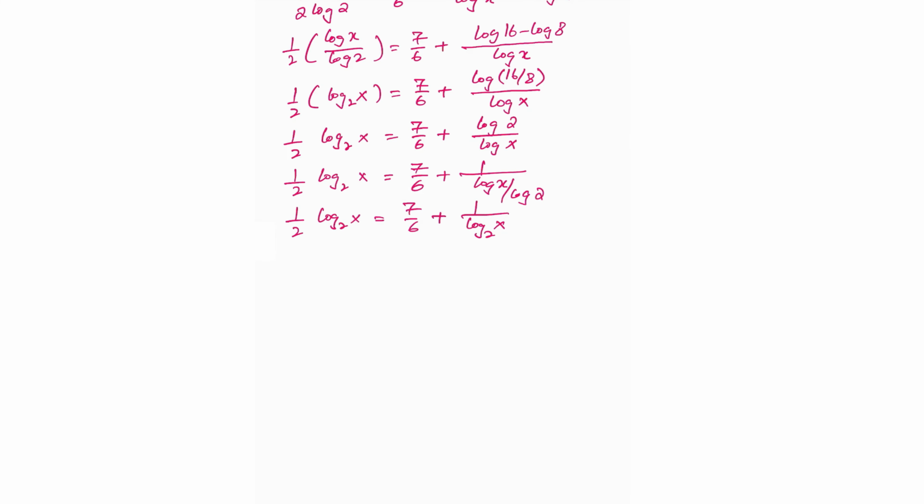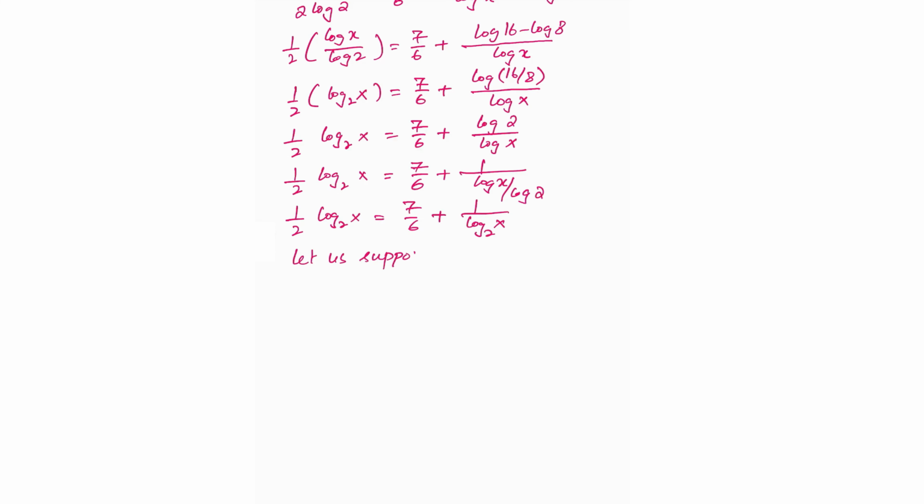Let's suppose t is equal to log base 2 of x. Then let's see how my equation looks now. That's going to be 1 over 2 times t is equal to 7 over 6 plus 1 over t. Let's simplify it.